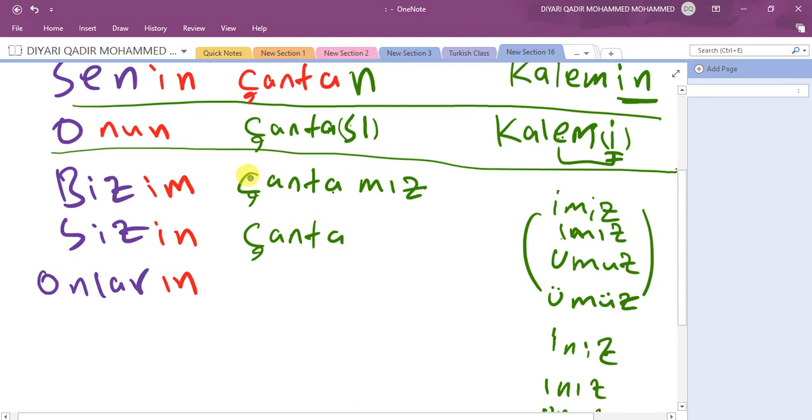What you use for bizim, you only change m to n. Look, we use imiz for bizim. We use iniz for sizin. Sizin çantanız. We are looking at this a, and this a is converting to i. But when we put it exactly next to this, they are clashing, so we remove it. Sizin çantanız. That means your bag.